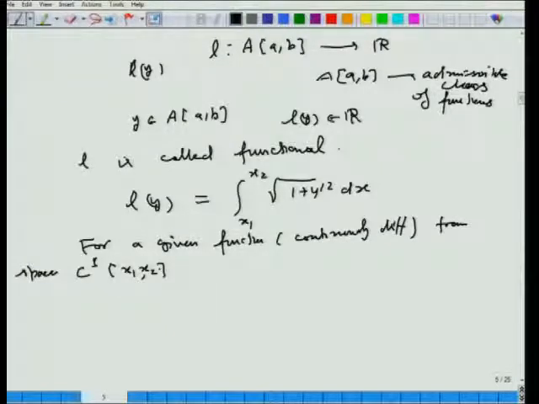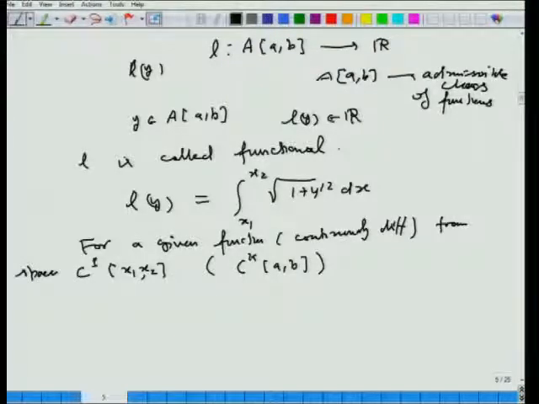So, this is the space of all continuously differentiable functions. Usually we will consider Ck, k being a non-negative integer, Ck of a to b, which will denote the space of all continuous functions whose kth derivative is continuous. So, for k equal to 1, we will call it C1 of x1 to x2, and the values are real numbers.